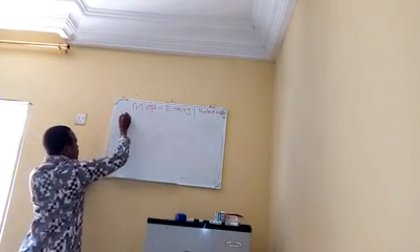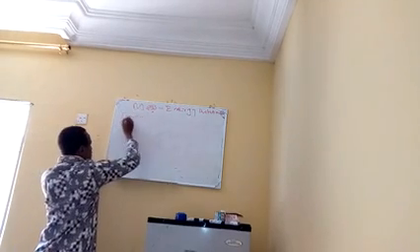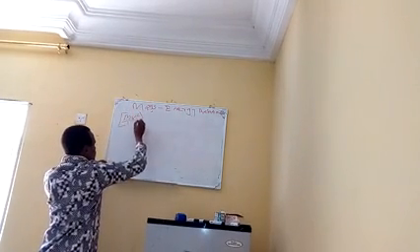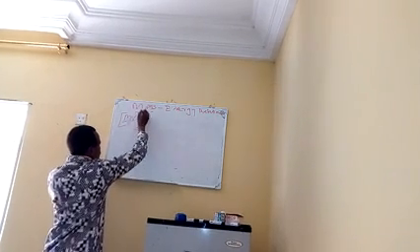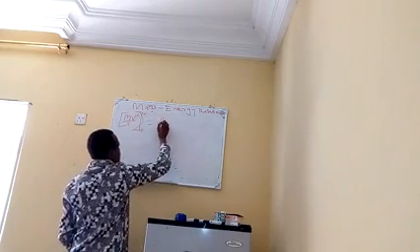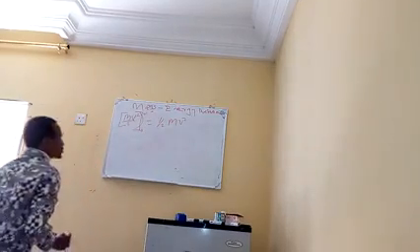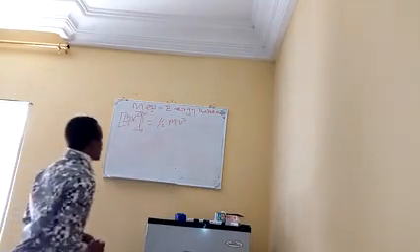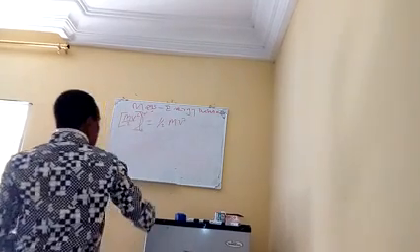When you evaluate this, you get half mv squared, and every high school student knows that half mv squared is the kinetic energy of an object.